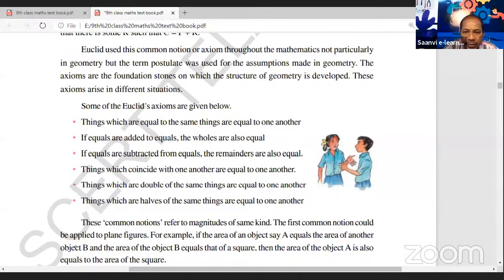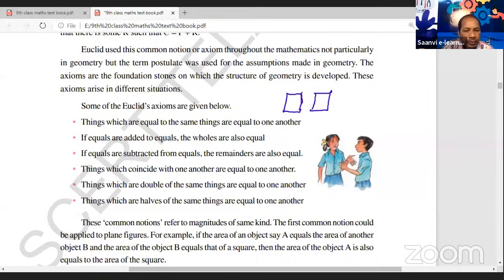Suppose we take two ninth class mathematics textbooks. They are the same in size and shape. Like this, things which are equal to the same thing are equal to one another.